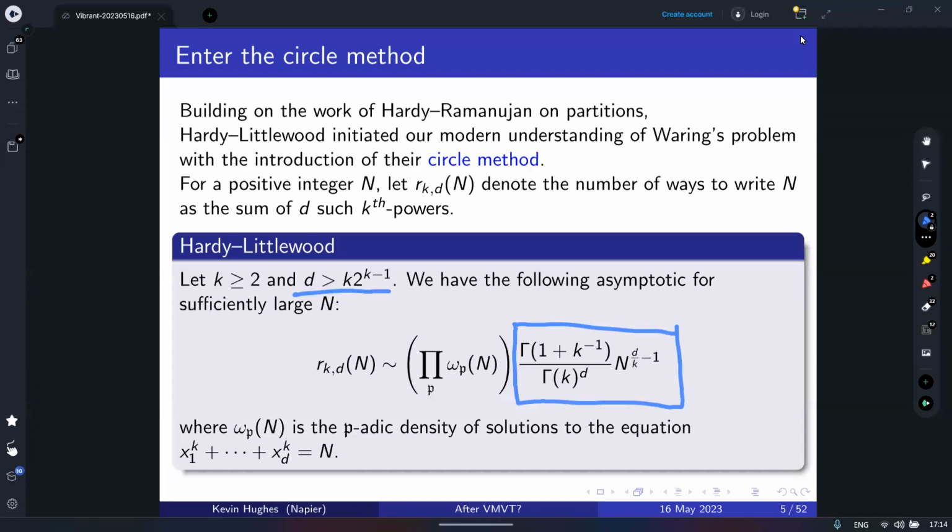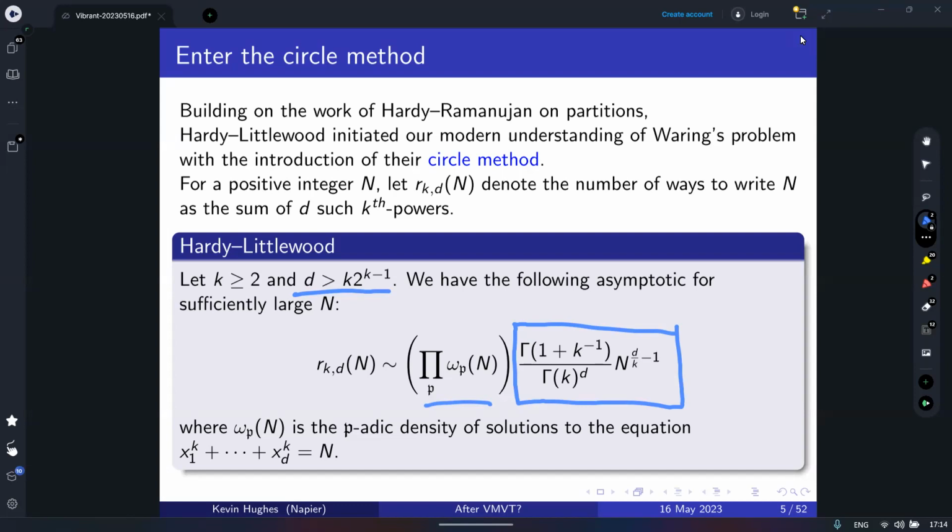And on the other hand, there's a lot of arithmetic that comes into play. If you think about why Lagrange's theorem says you can do every number as a sum of 4 squares, and I haven't said, can you do every number as a sum of 3 squares? Because you can't. And 7 is the first number you run into that you can't write as a sum of 3 squares. You try and do that, and you can't.